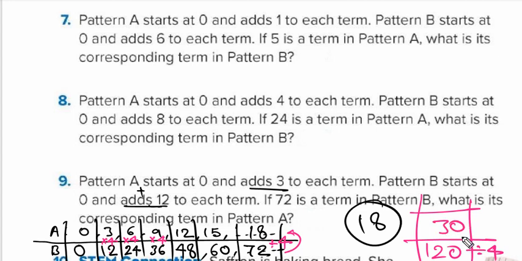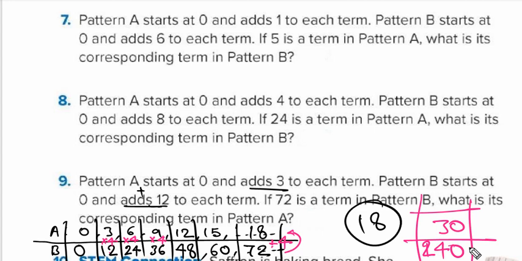So if you know the relationship, you can predict any term. Now you can say, sir, I can just continue like this. But if I say, let's say there is a term 240, then will you write all these terms? No, you will find a relation.